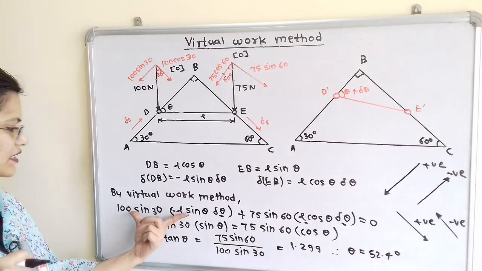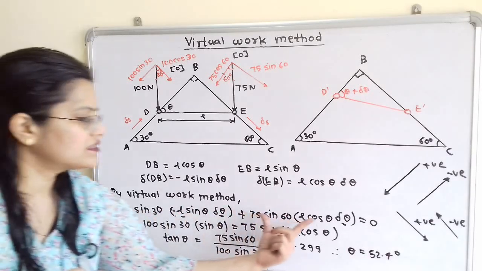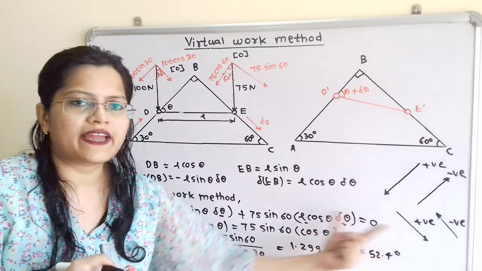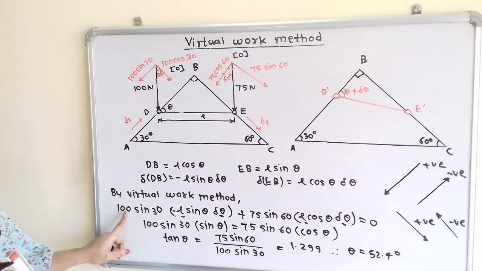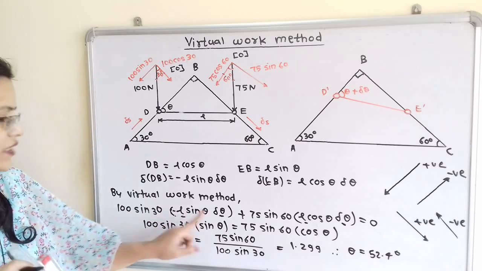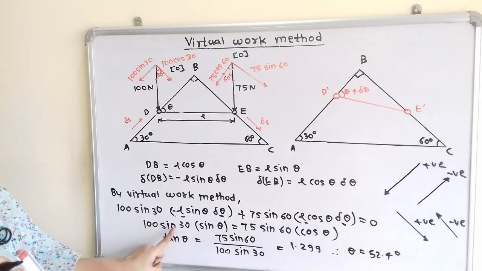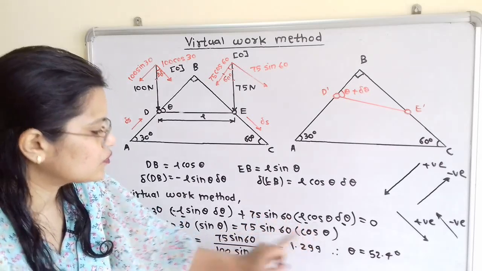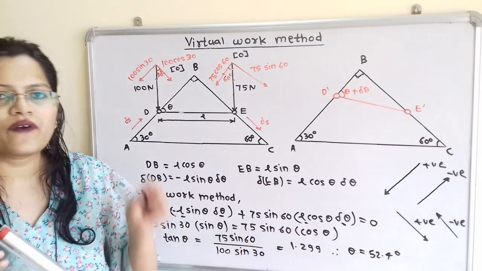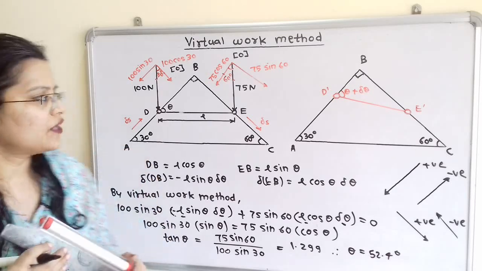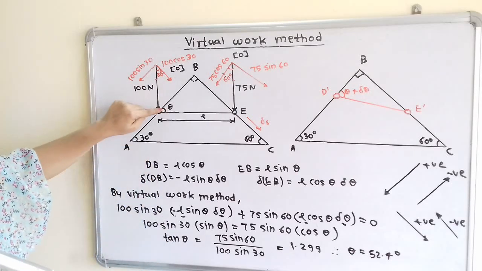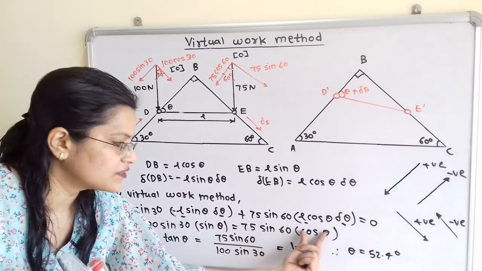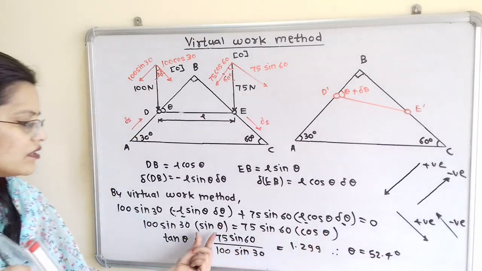Now if you observe, this term is negative and this term is positive. So I will transfer this whole term to the right hand side. Then it will become 100 sin 30 into sin theta is equal to 75 sin 60 into cos theta. Now we have to find out angle theta. So theta is this angle. So I will take sin theta and transfer this cos theta to the denominator.